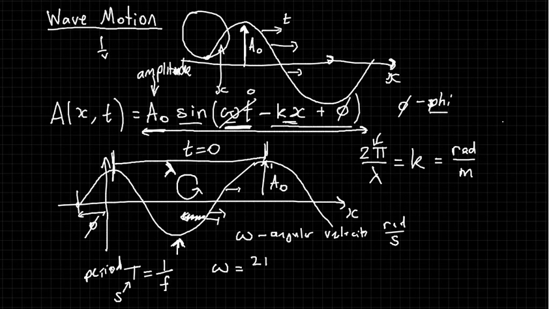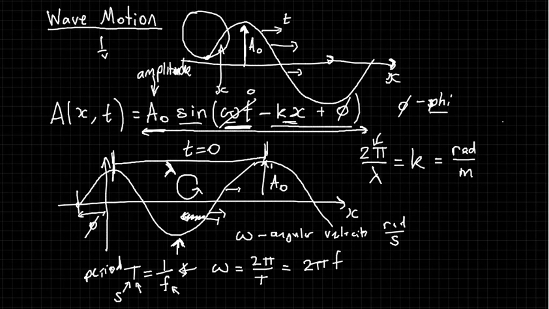And so this period is in seconds, and so omega is going to be equal to 2 pi divided by T, but according to this relationship here, we can also write it as 2 pi times the frequency.